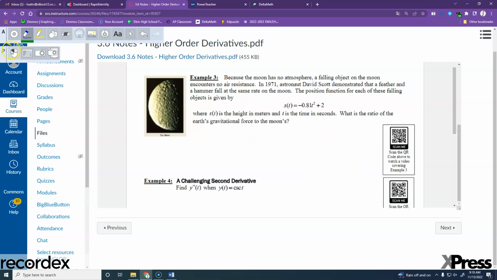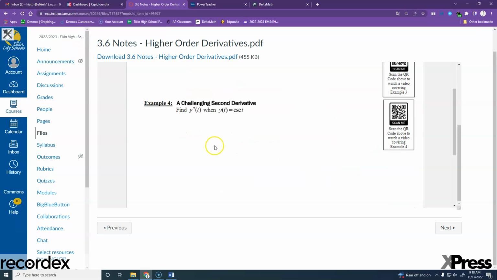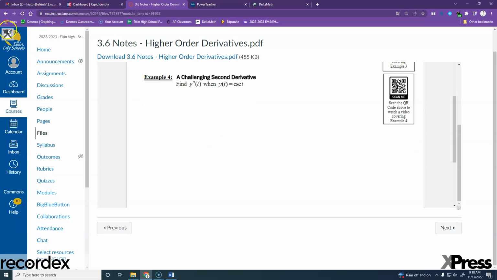All right, we've got one more we're going to do here. We want the second derivative of cosecant of t. So y prime of t is what we need to find first.